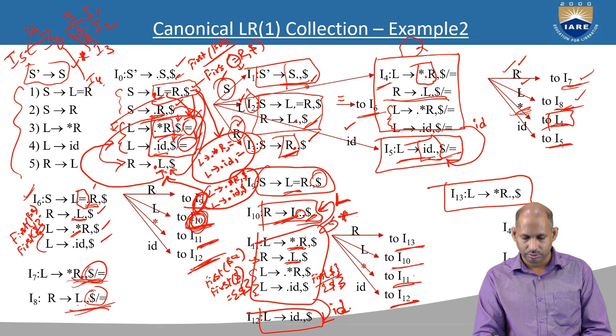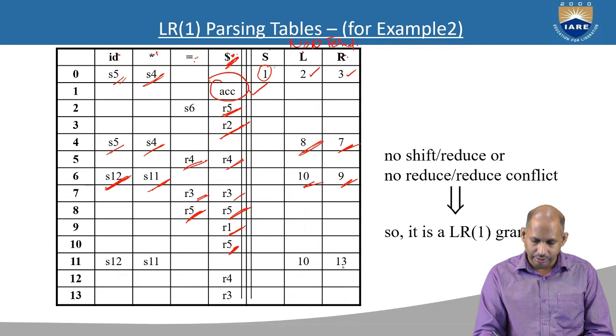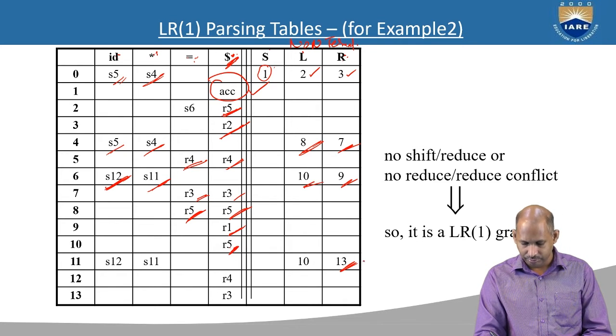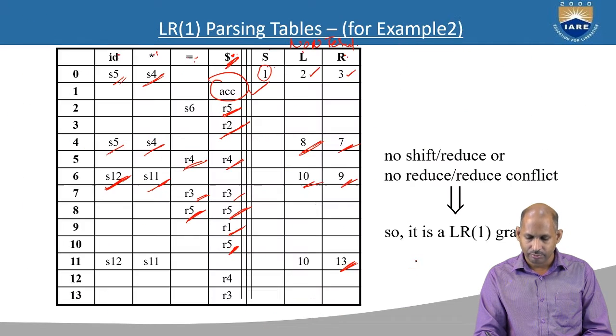Then 11. It has a go to operation on R is 13. On L it is a 10.